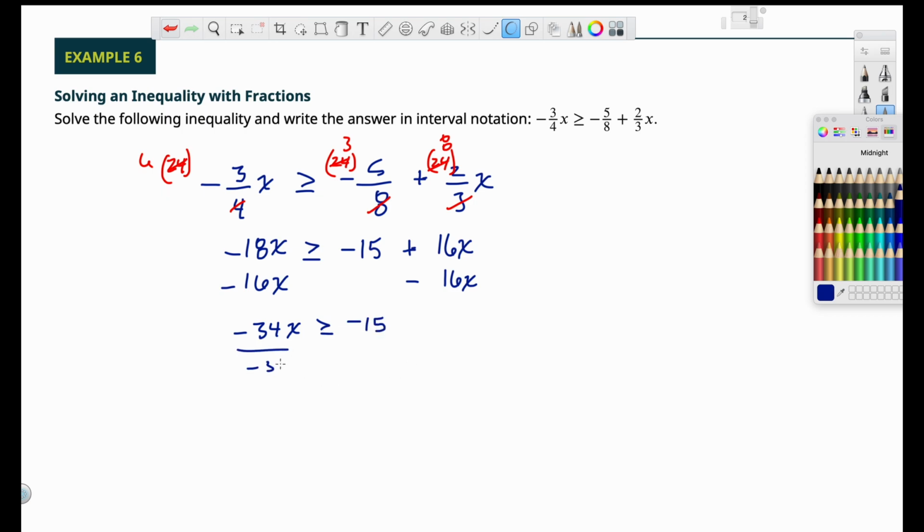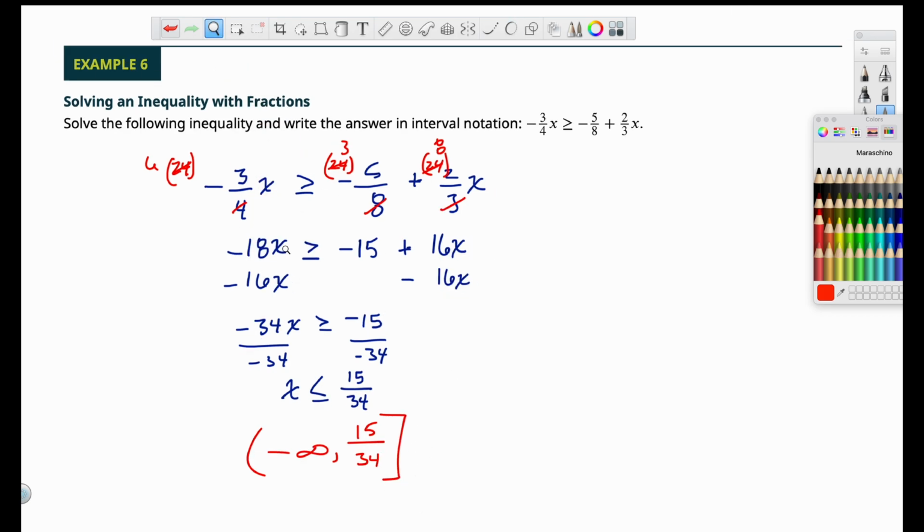I'm going to divide both sides by negative 34. Okay, so it's going to change this sign, and this is going to be a positive 15 over 34. So x is less than, so that means we're going from negative infinity all the way up to 15/34, and this is included, so we'll do a square bracket there.